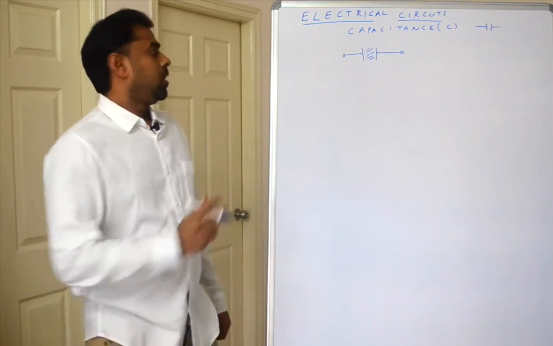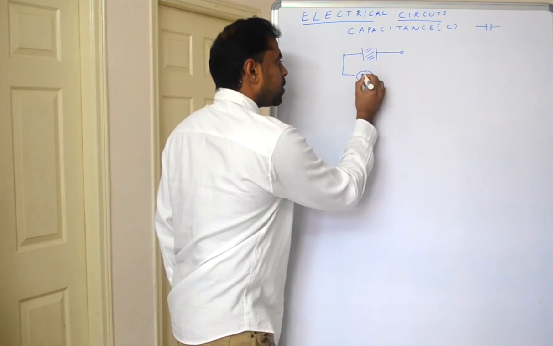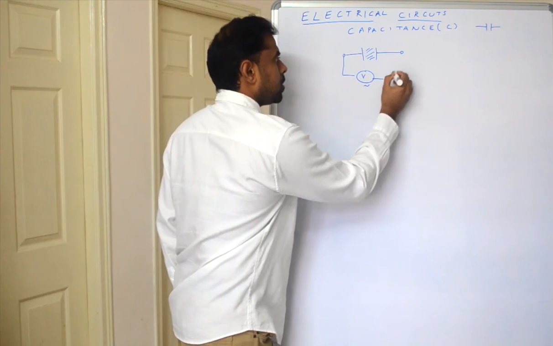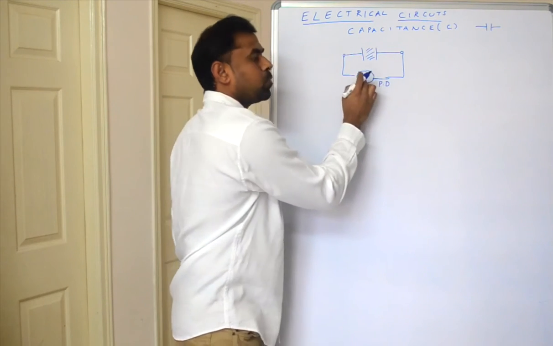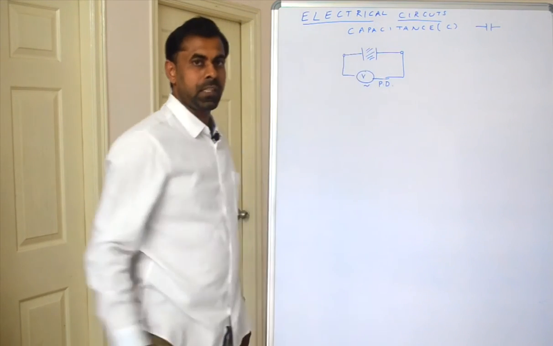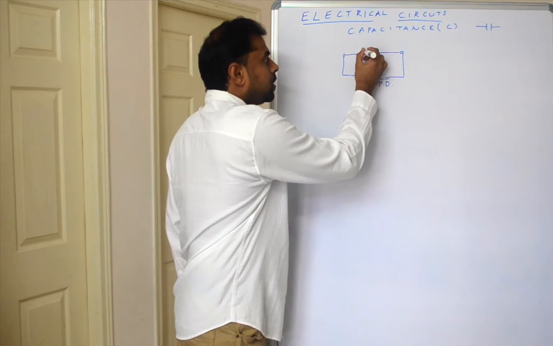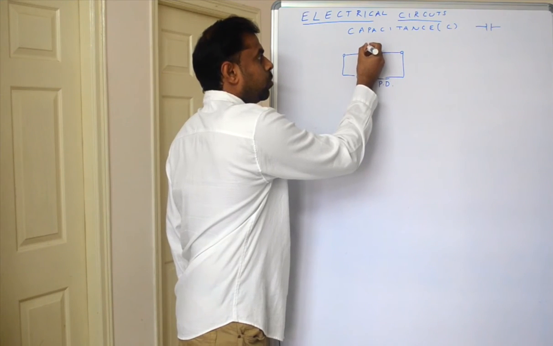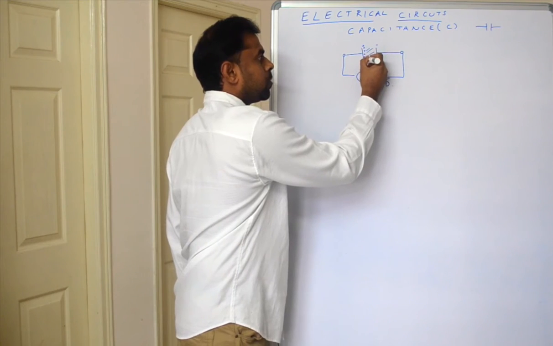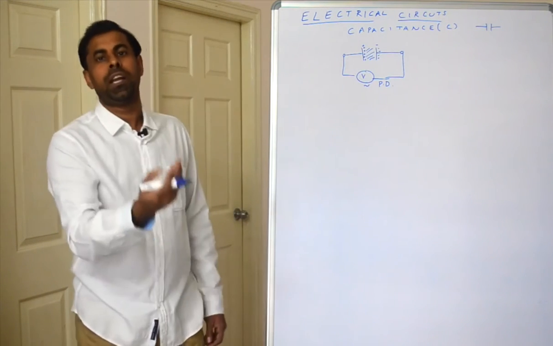What happens when you apply some potential difference, which is known as voltage, across a capacitor? What happens is there will be charge developed, which can be positive or negative.